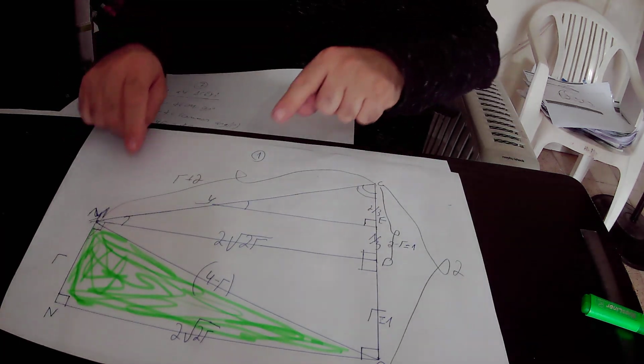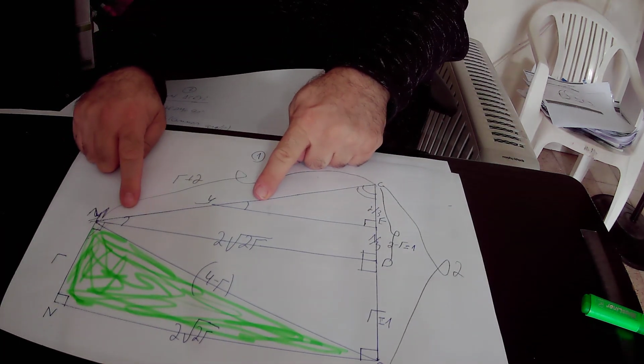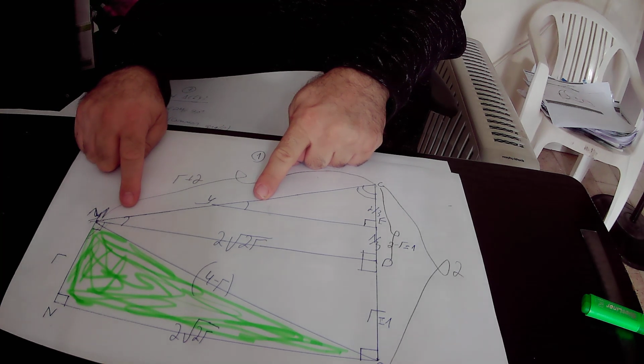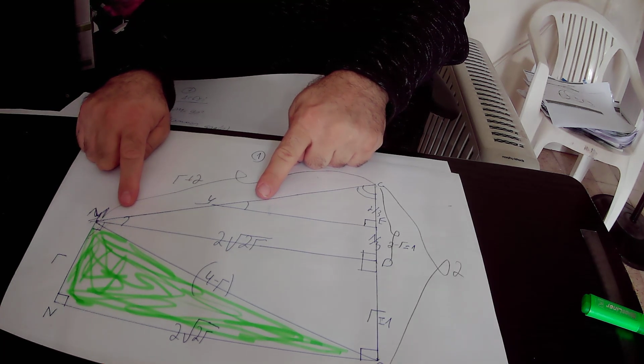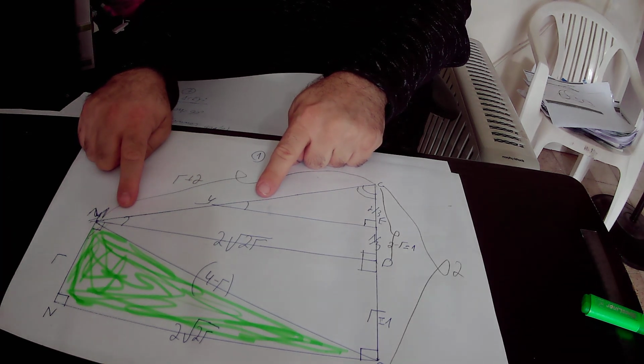And those two angles are equal to each other according to third angle theorem. And what is third angle theorem? Third angle theorem states that if two angles in one triangle are congruent to two angles in another triangle, then the third pair of angles must also be congruent. So they are equal to each other according to third angle theorem.